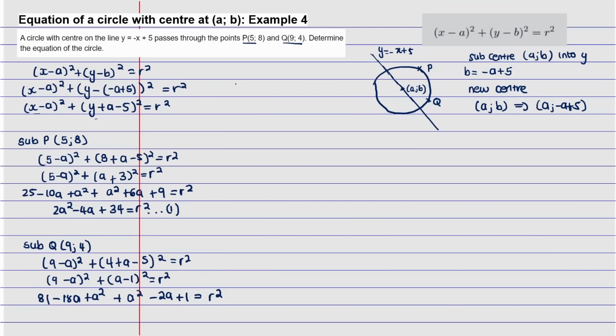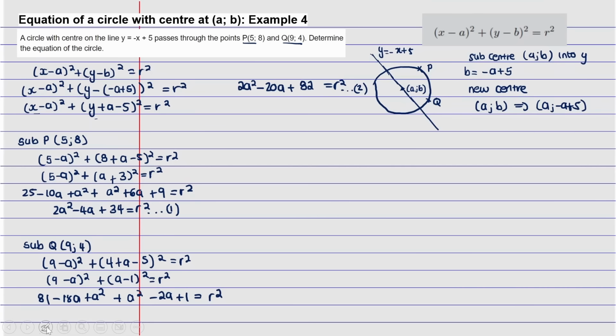So now I'm just going to continue here. When we simplify that, we're going to have 2A squared minus 20A plus 82 is equal to r squared. What's nice is that this is going to be equation 2.